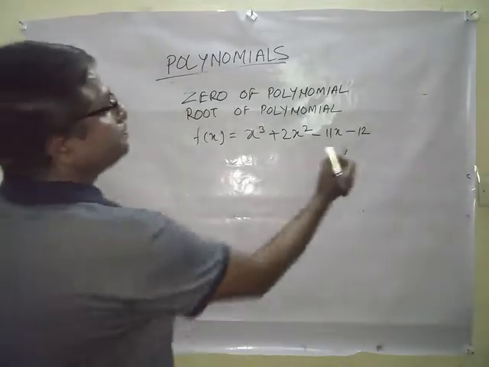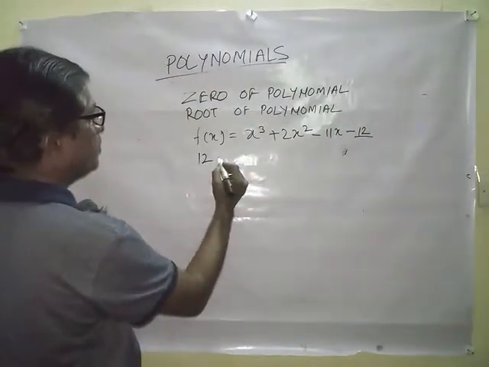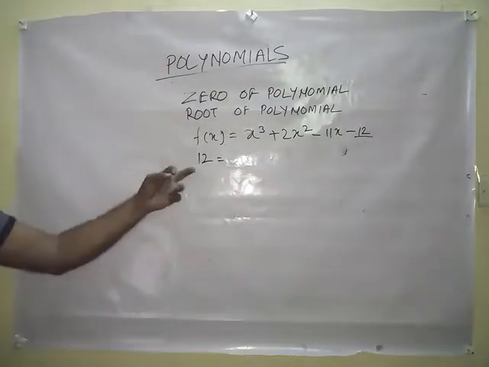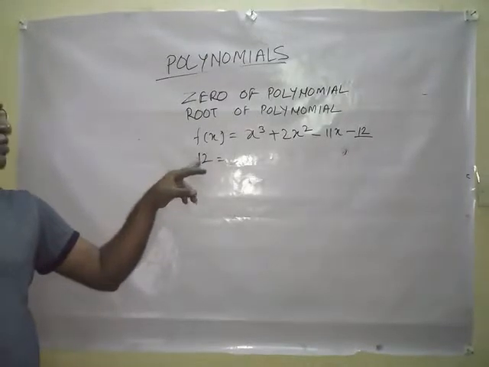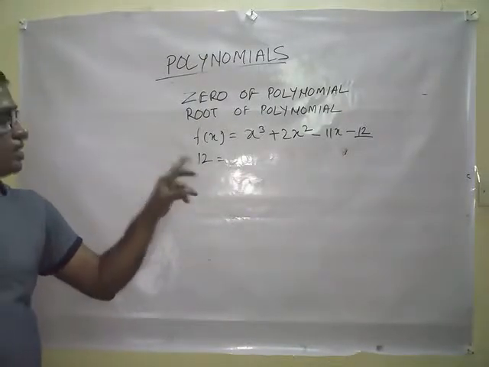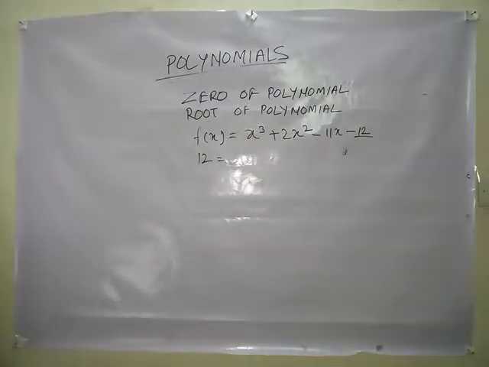The best way: this is a 12. What are the factors of 12? I hope you understand the factors of 12. Factors of 12 are the numbers by which we can divide 12 and the remainder will be 0.